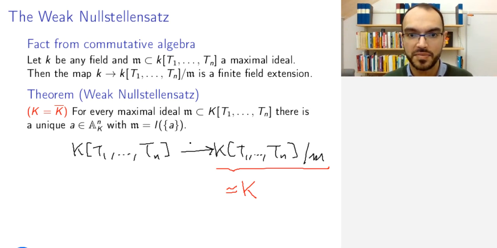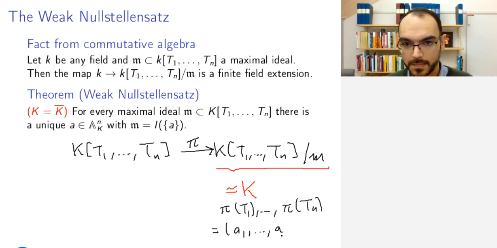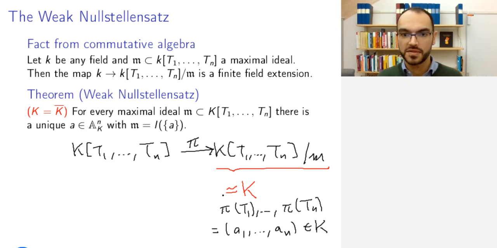Now, if we call this map pi, this means that pi of t1 to pi of tn will be some element A in K. To be precise, I am using this isomorphism to map the image of each ti to the unique point in K to which it corresponds under this isomorphism.